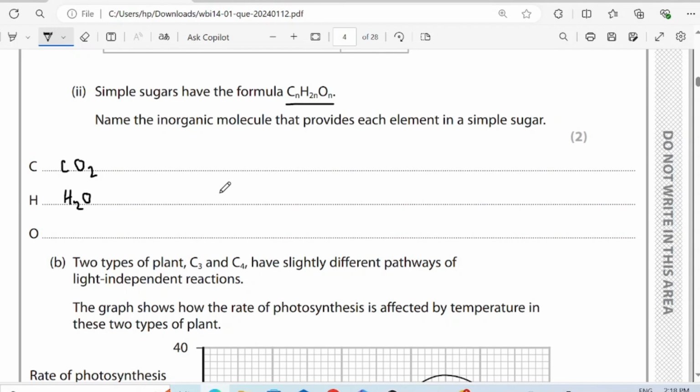I'd like to mention here, which is really important, that the glucose molecules and these kinds of products have oxygen, and at the same time the plants are also excreting oxygen as a byproduct, O2. So which one goes where?